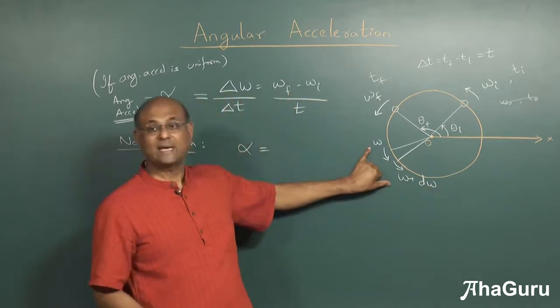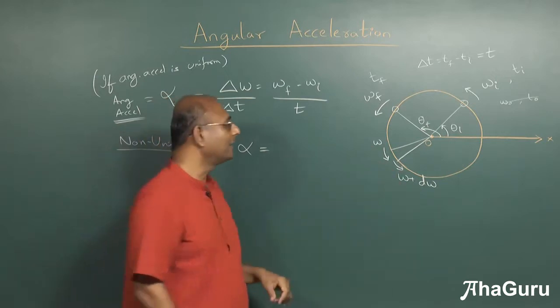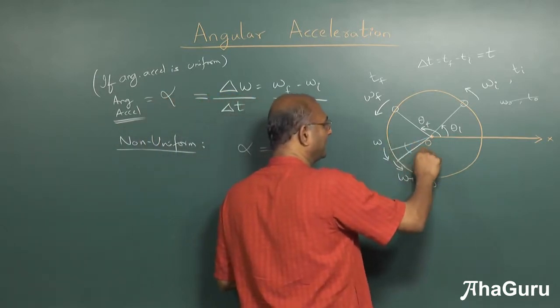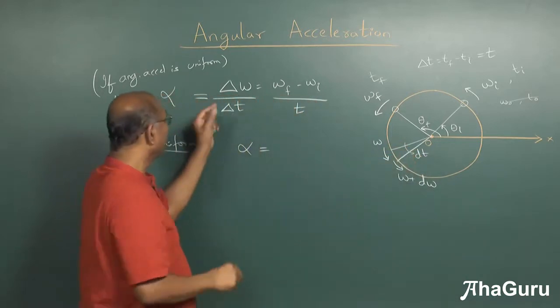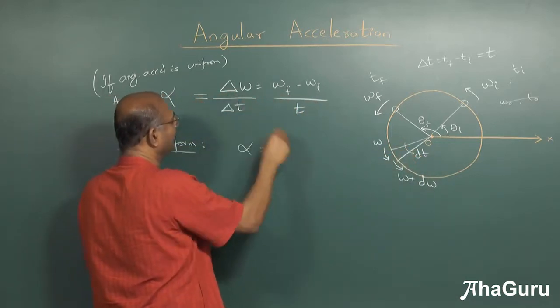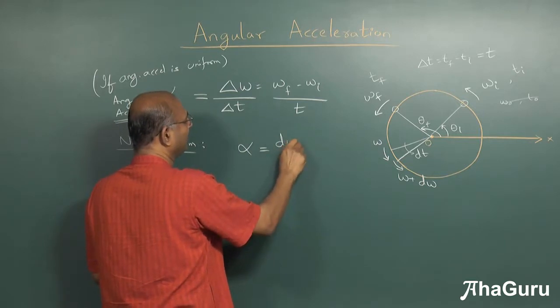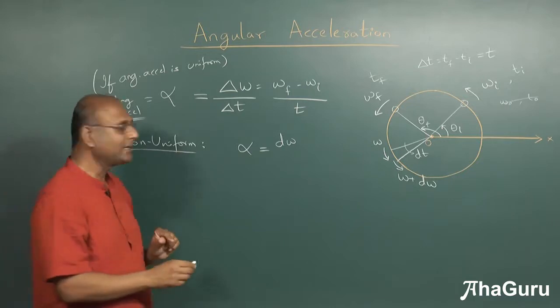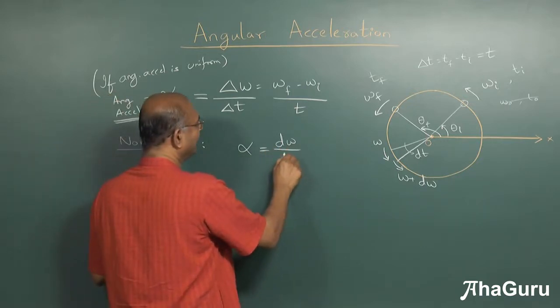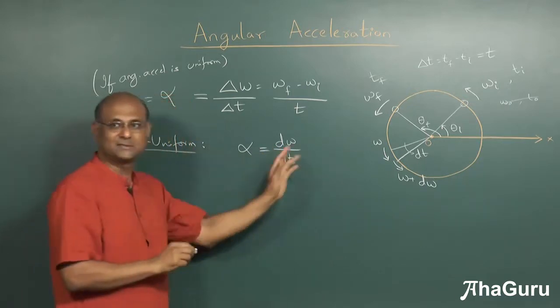So what is the change in angular velocity? d omega. This happens during a time interval of dt. So this d omega replaces delta omega, because for such a small time you can call this a very tiny change in angular velocity during a very tiny time interval in which this change happens.